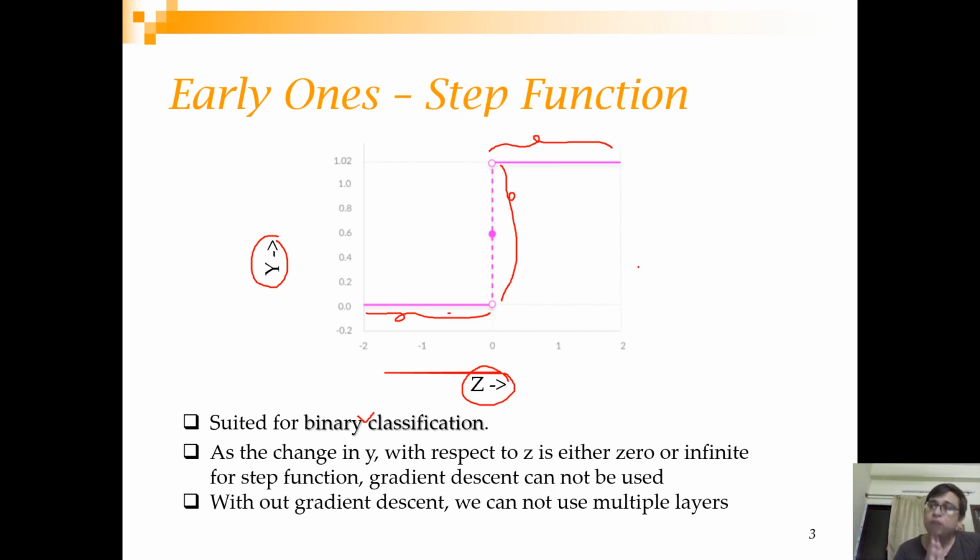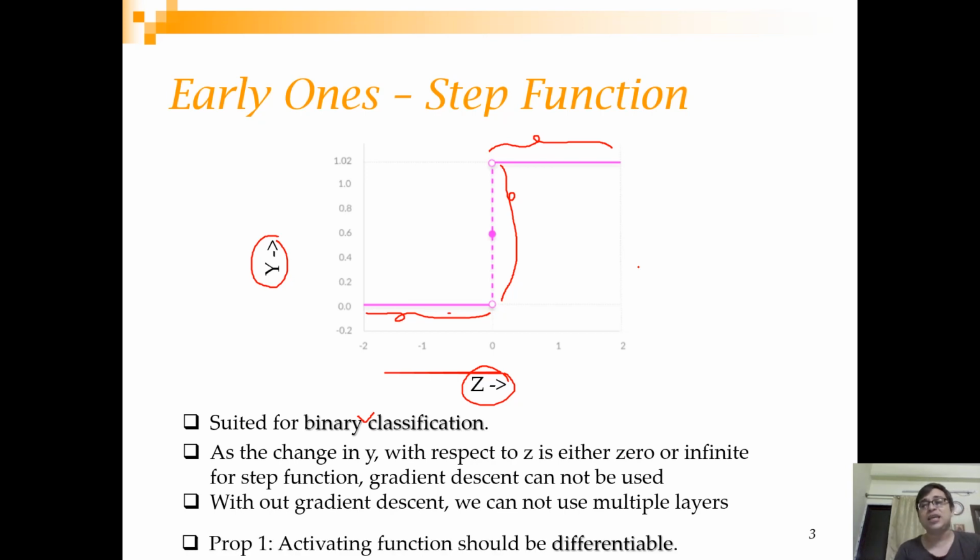We can use it for a single layer, where we can find the weights through the perceptron learning algorithm. But when we move to multiple layers, where you need gradient descent and backpropagation, this activation function will not work. So one of the key properties of an activation function is that it should be differentiable. You should be able to find the derivatives.